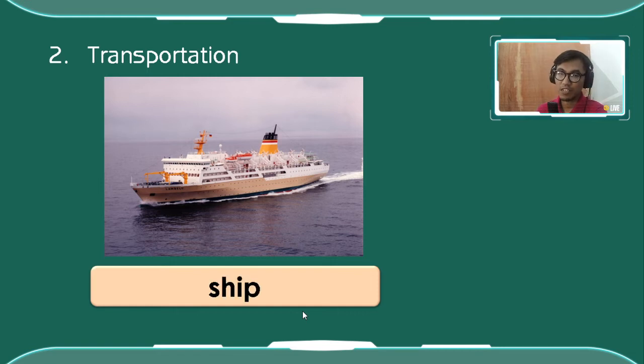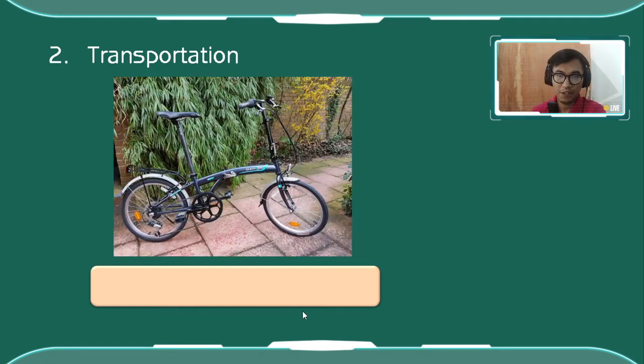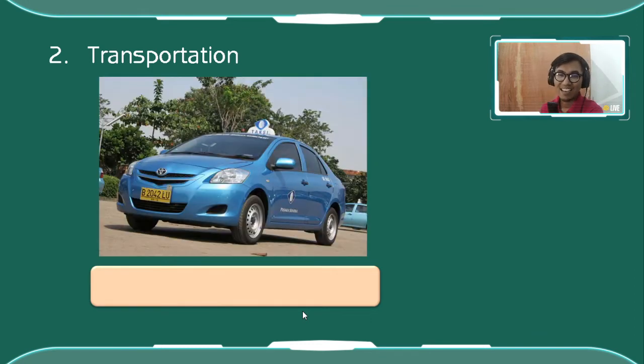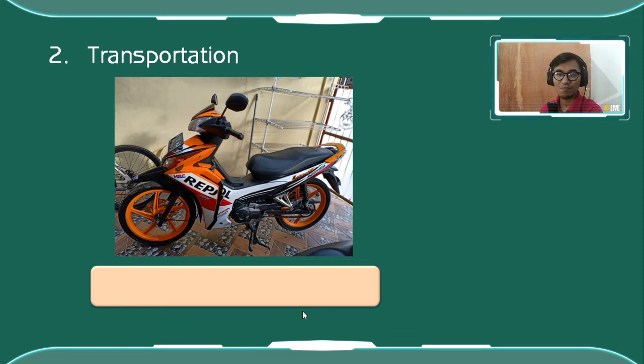Continue. Bike or bicycle. It's a taxi. Next picture. Motorcycle. So those are the names of the transportation.